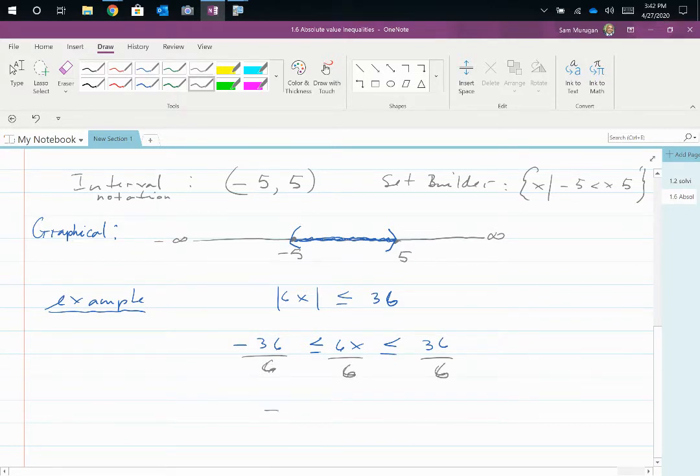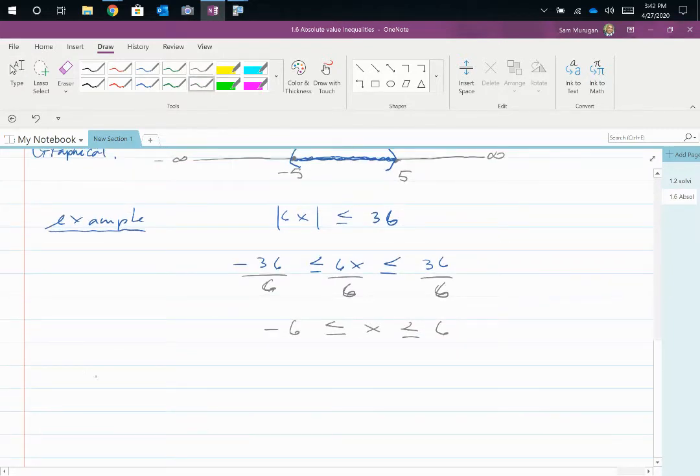And this gives us negative 6 less than or equal to x less than or equal to positive 6. So answers, I'm going to write all three formats. This is negative 6 to positive 6 in brackets this time, because negative 6 and positive 6 are included in the answer. The endpoints are included in the answer.